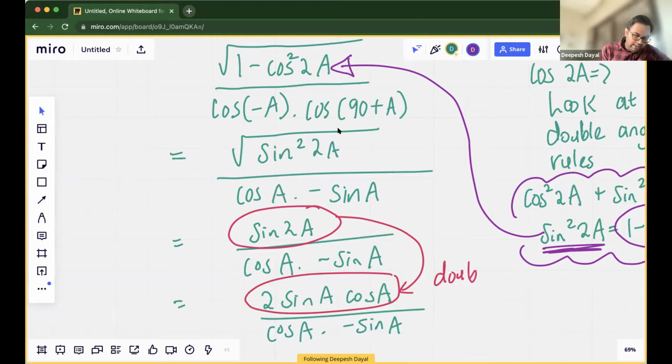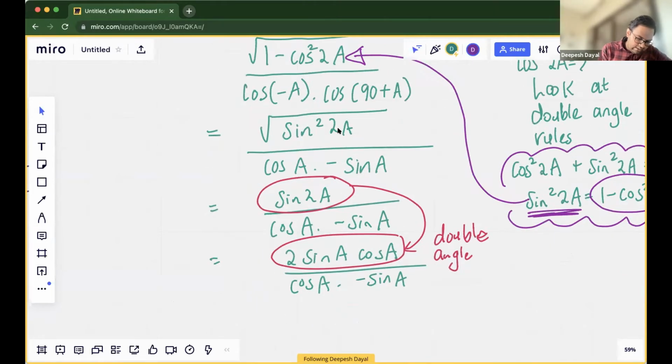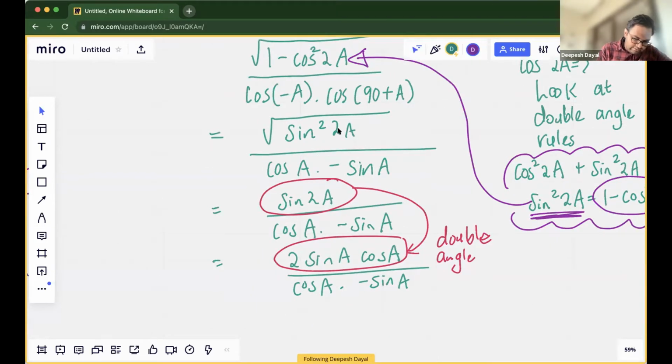Now we can cancel very easily. The sine cancels with the sine, the cos cancels with the cos, and our final answer will then be minus 2. Okay, so we've got minus 2 as our final answer.